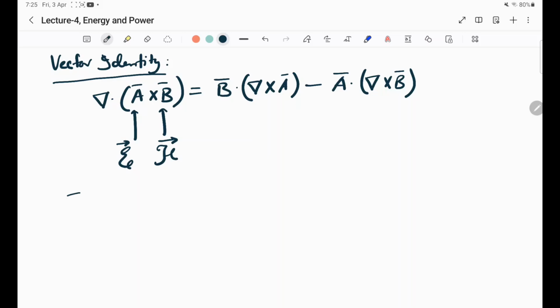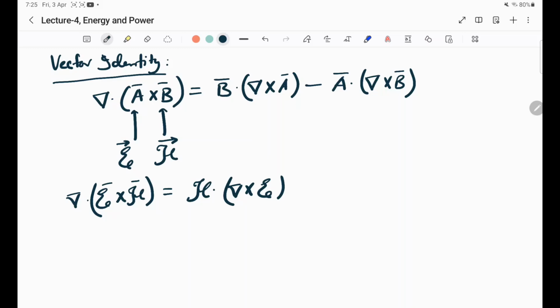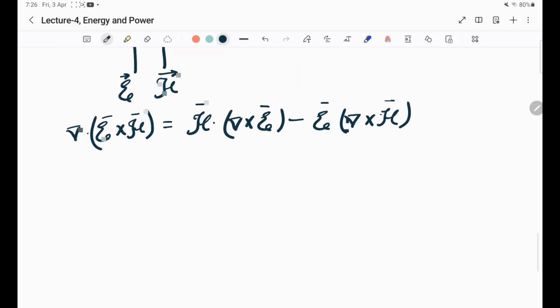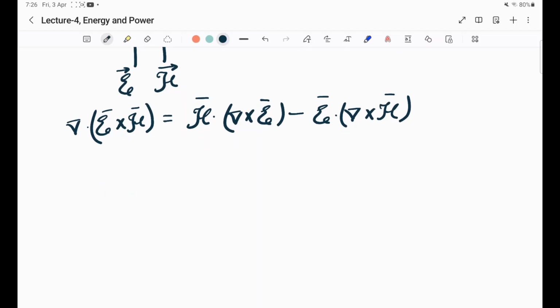So let's replace this. We will get del dot E cross H is equal to H dot del cross E minus E dot del cross H. Now we will use this equation to derive the conservation of power.